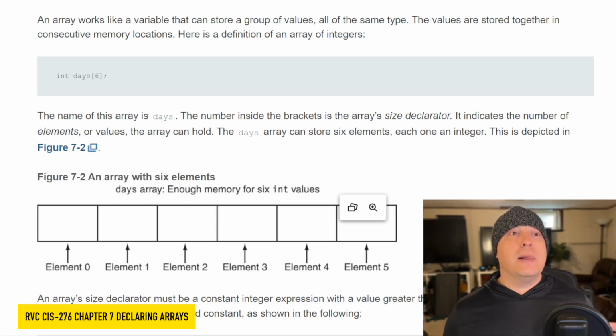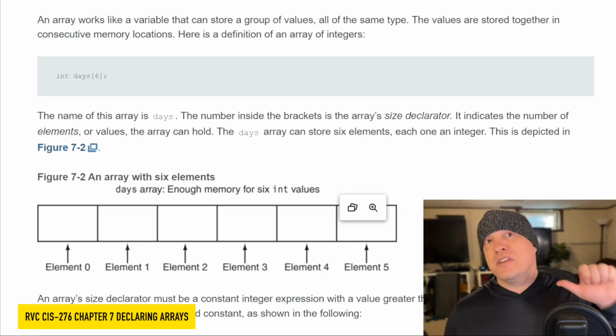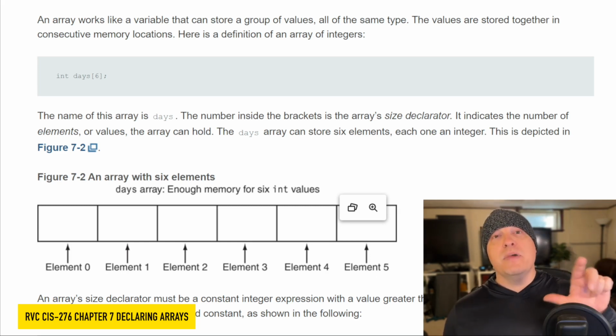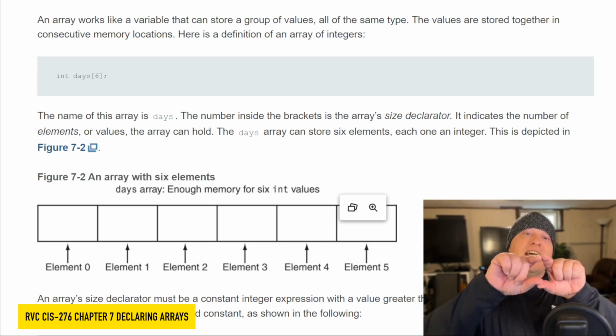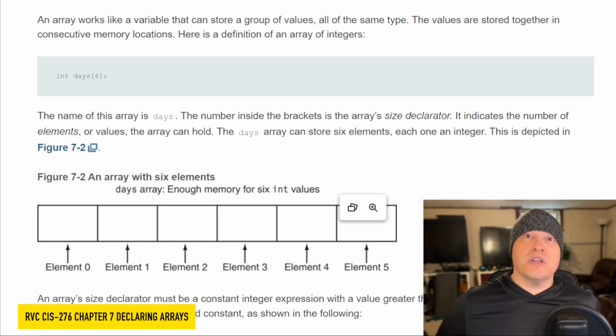So when we declare the array, first comes the type, then comes the name, and then inside the brackets comes the number of elements in our array. In doing this, what C++ will do, remember, is find a contiguous storage space for those.